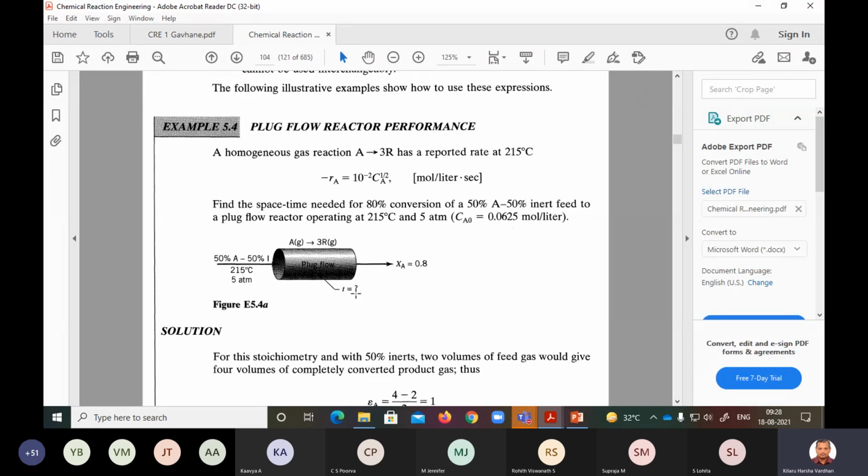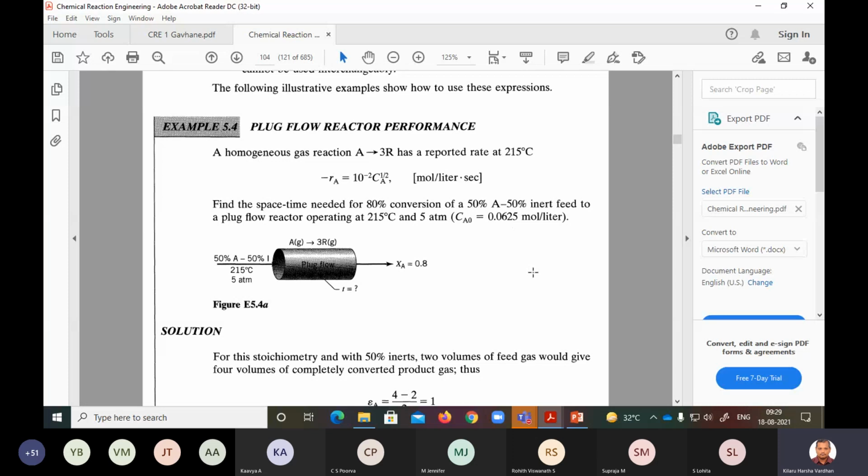Yeah. Any other? Sir, another doubt. Can we say that the space time is equal to the length, because the amount of time required for 80% conversion or one second? Tau by CA naught is V by FA naught, right?